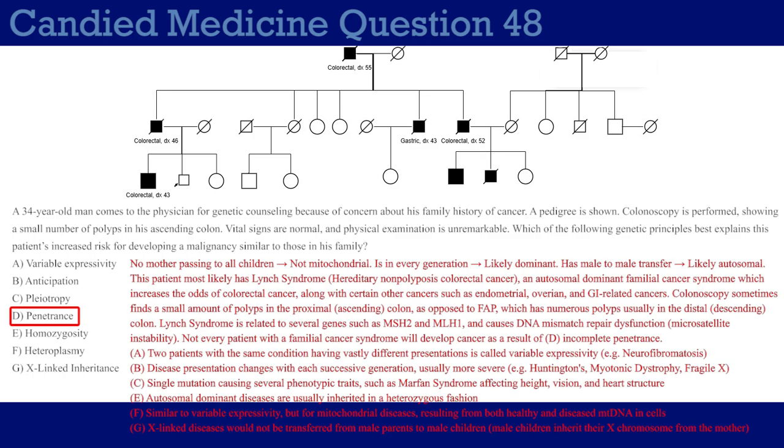Now, just to talk a little bit more about Lynch syndrome, since it's actually pretty important, like I said, if you ever find polyps in this disease, it'll be just a couple polyps, and it'll usually be in the ascending or proximal colon. Even though it's called non-polyposis colorectal cancer, yes, you can still find polyps in it. The main reason they like harping on this is because you use it to contrast FAP, familial adenomatous polyposis, which is due to a mutation in the APC gene.